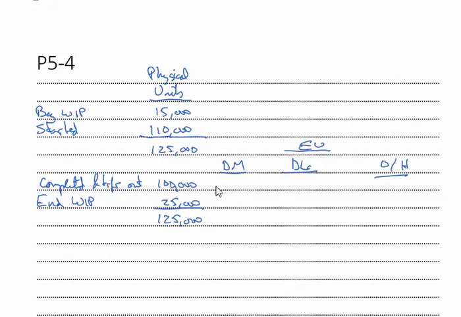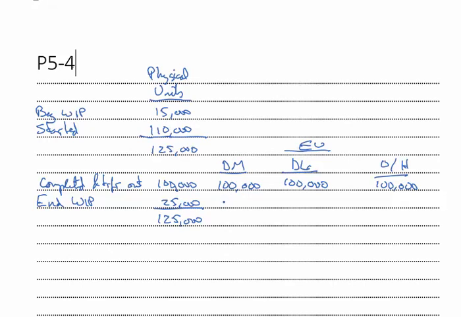Completed and transferred out equivalent units are definitely going to be 100,000 for each of these, because they are all completed, same as physical units. Now ending work in process, 25,000, and we are 60% complete as to materials, 20% complete as to labor and overhead.